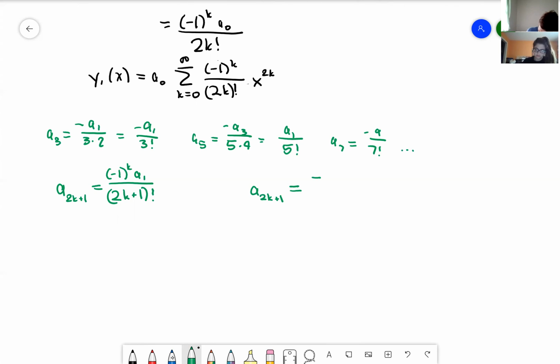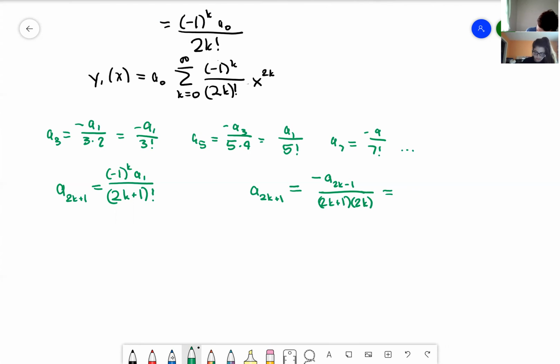negative a to the 2k minus 1, so that's 2 down, over 2k plus 1 times 2k. And now we assume that we know the formula is true for 2k minus 1 because that's now small enough.